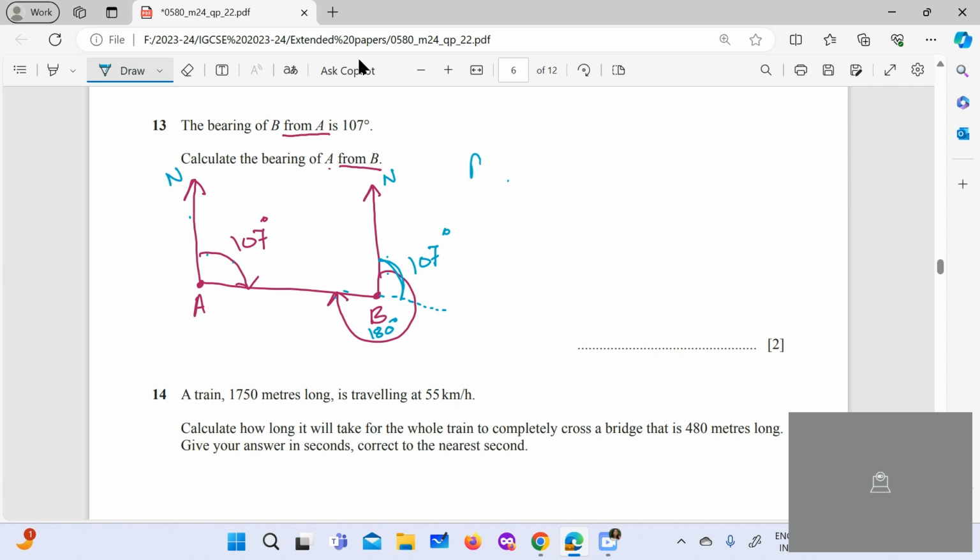So your bearing of A from B is 107 plus 180 degree. That will give you 287 degrees. So let's write it here. I hope this is clear to everyone. This was very easy actually. This was the basic question from bearing. Yeah, let's go to the next one.